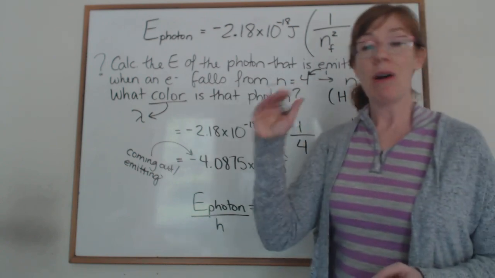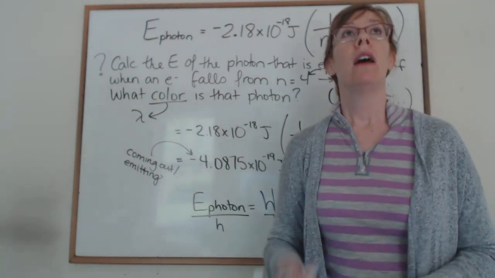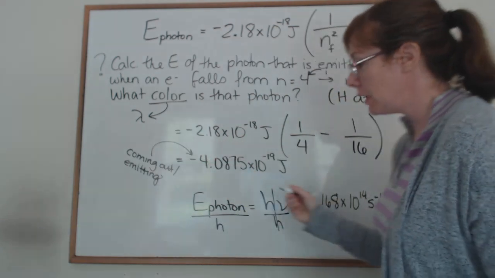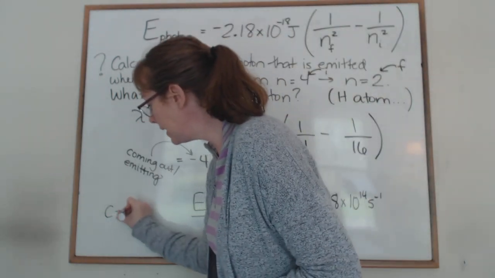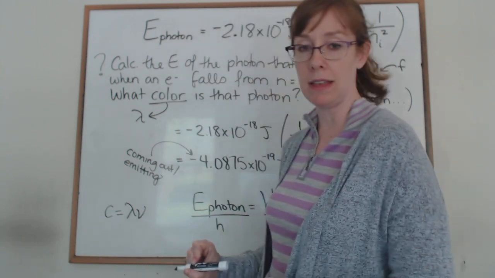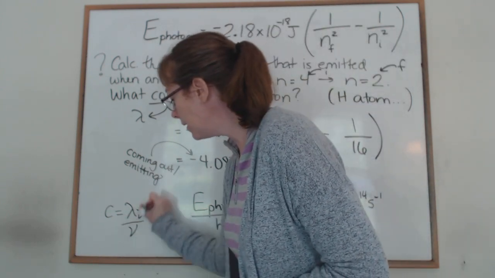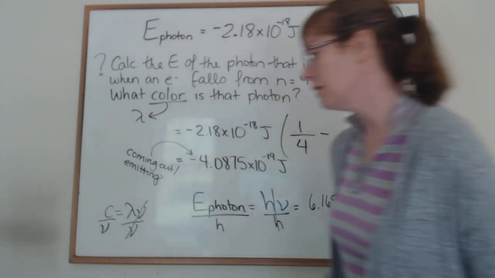Now I'm trying to get what color it is. Color is wavelength. Anytime I know frequency, I can get wavelength. It's very simple: just divide the speed of light by frequency.